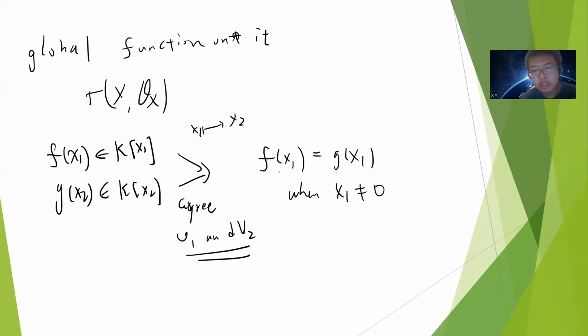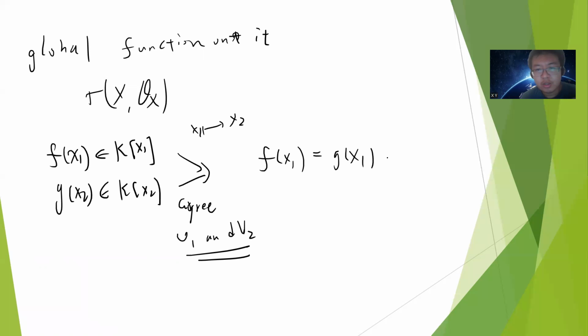So you are just asking that f(x1) equals g(x1) when x1 is non-zero. But f(x1) is a polynomial, and if it is the same as another polynomial at all non-zero points, then f(x1) is the same as g(x1). So you don't need the extra condition, because polynomials are continuous.